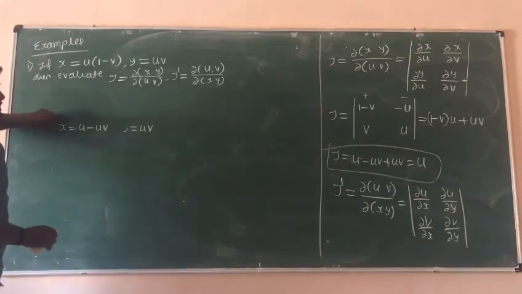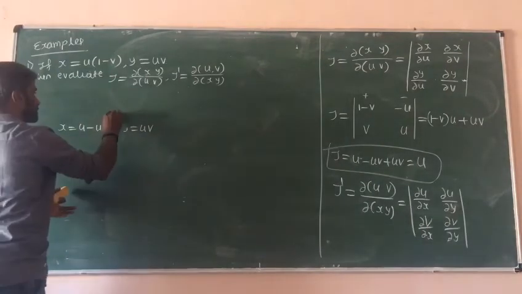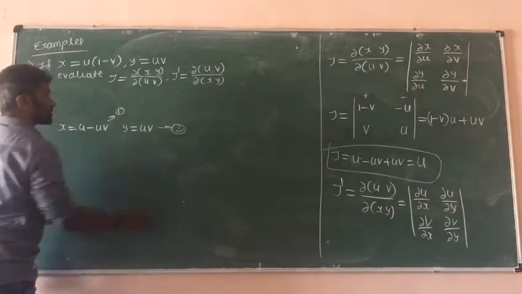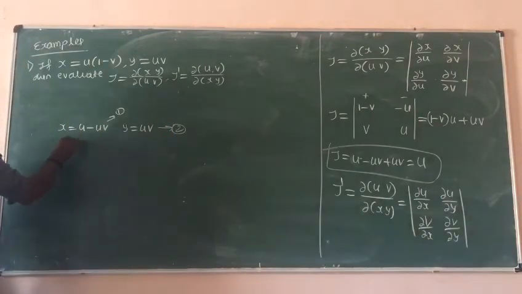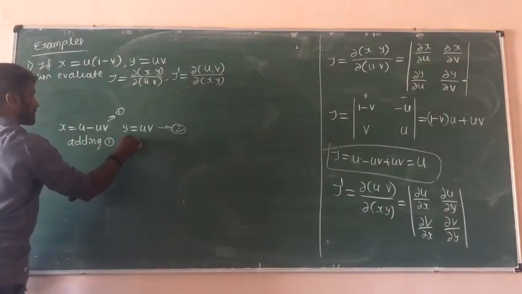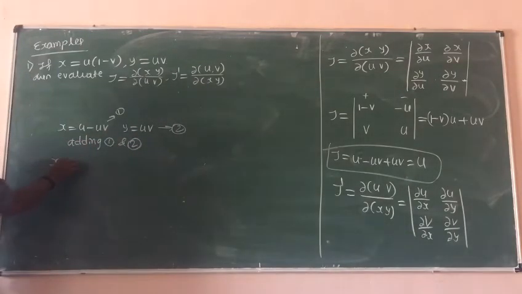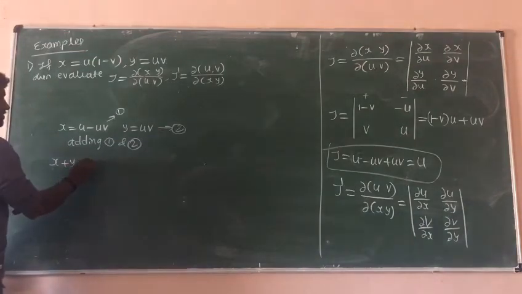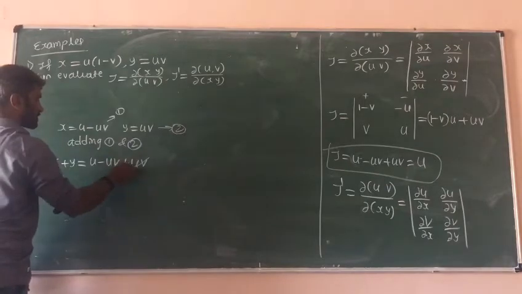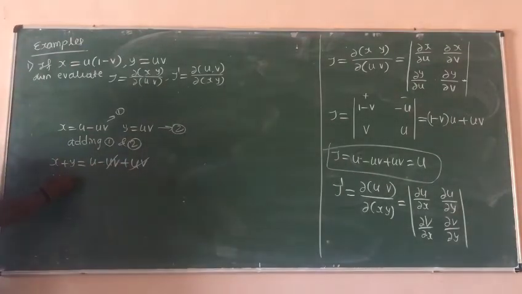Call x is equal to this equation 1 and y is equal to this equation 2. So adding 1 and 2, x plus y is equal to u minus uv plus uv, so uv gets cancelled, therefore x plus y is equal to u, therefore u is equal to x plus y.